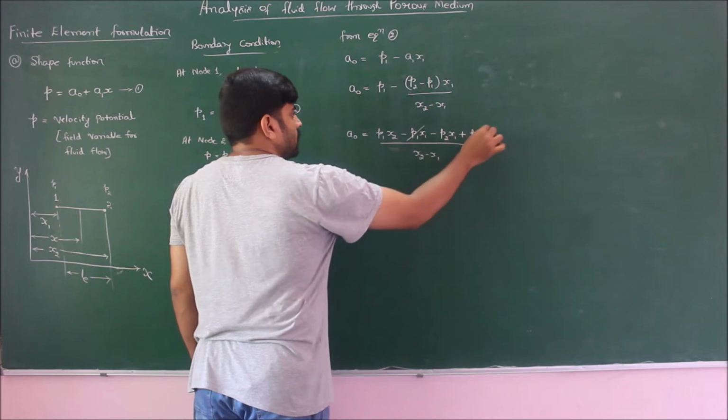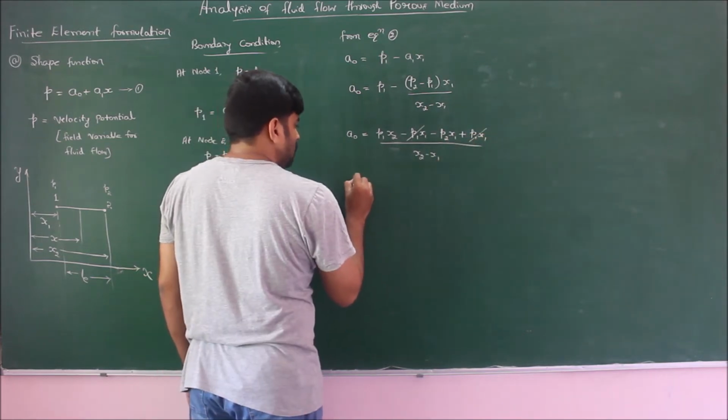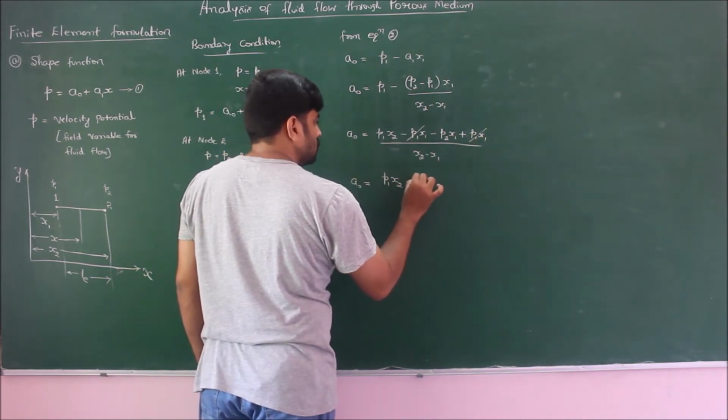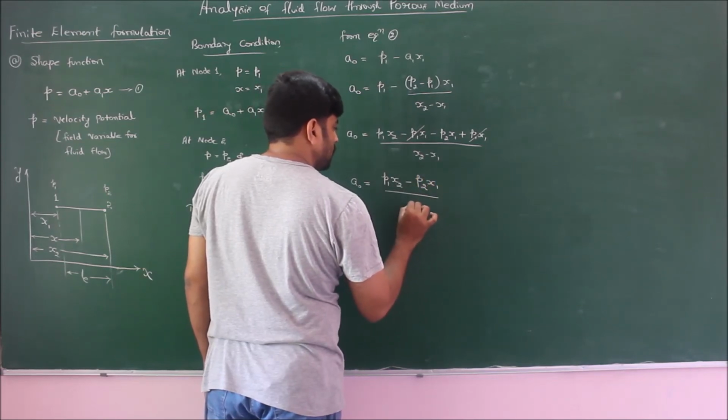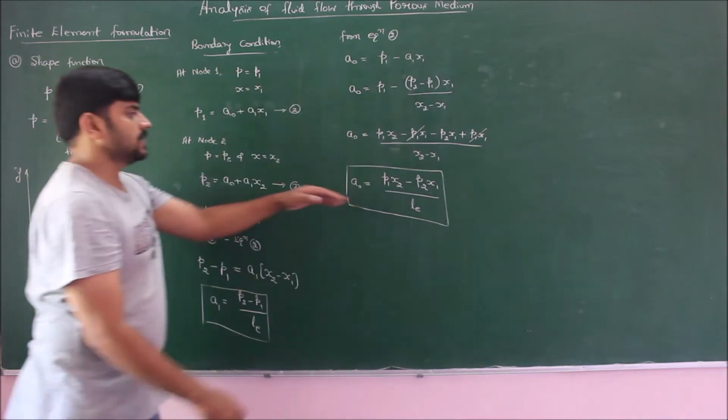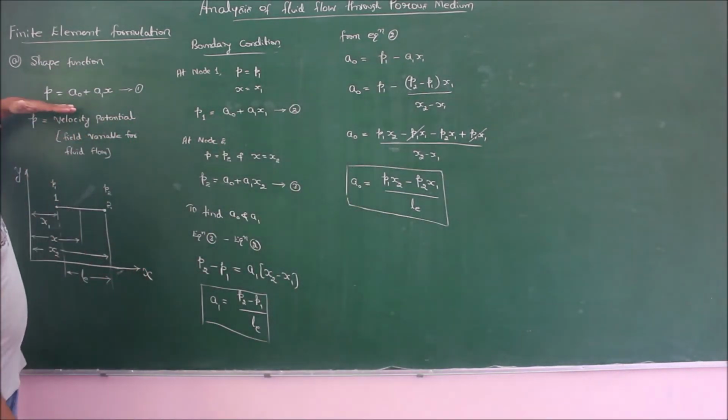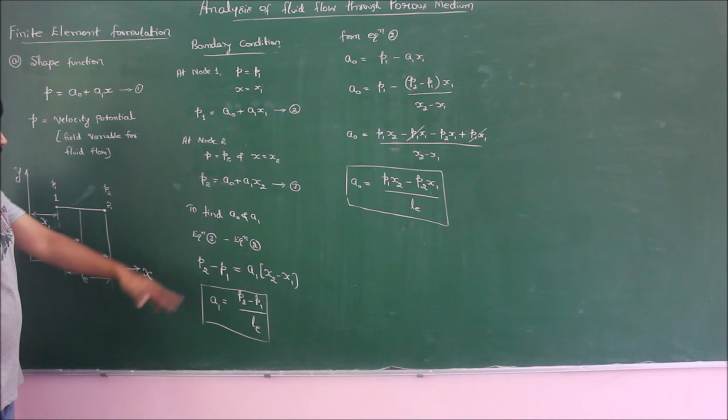Cancelling off these two terms, you will get A0 as P1 x2 minus P2 x1 divided by length of the element. So thereby we have calculated the constants in this polynomial equation, A0 and A1.